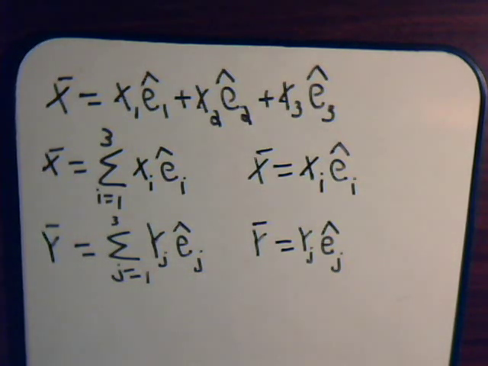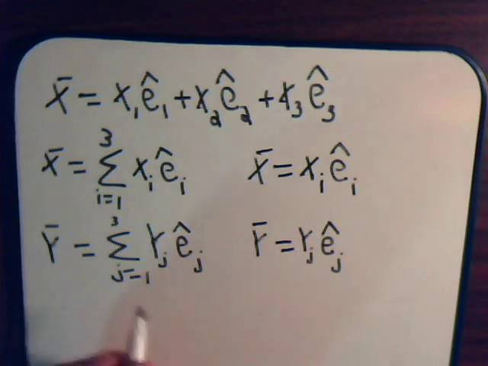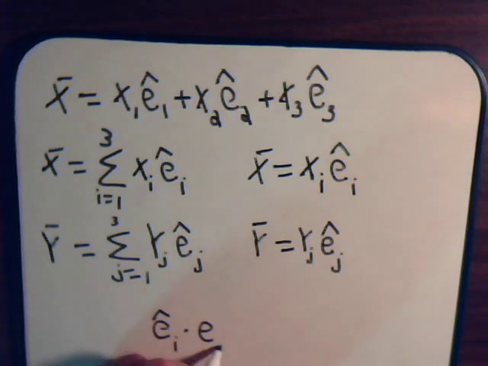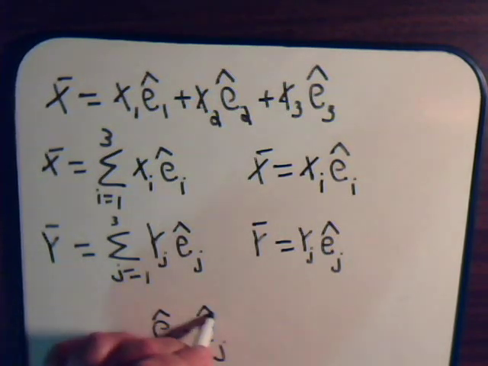We want to consider what happens when we take the dot product of vector x and vector y. Before we do that, let's take a look again at these unit vectors. We said that they are orthogonal, and they have unit length of 1.